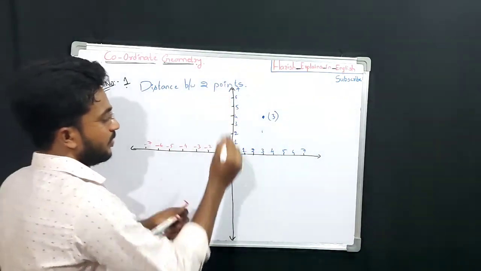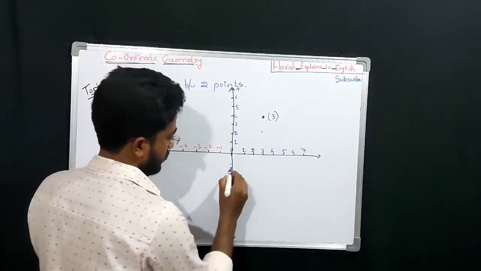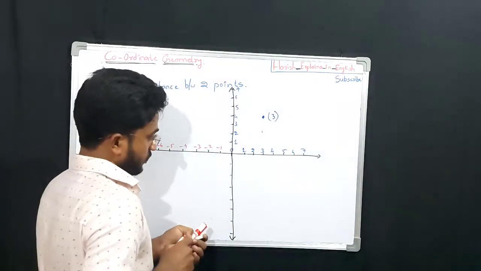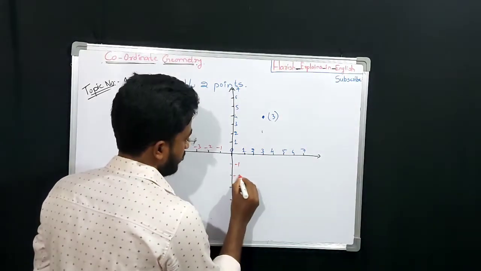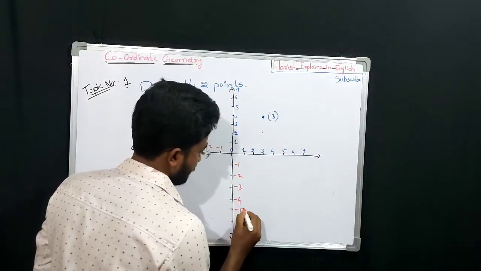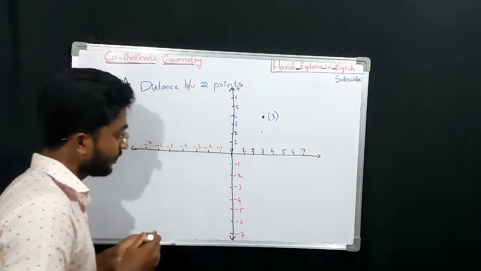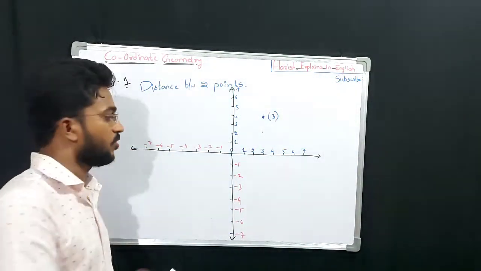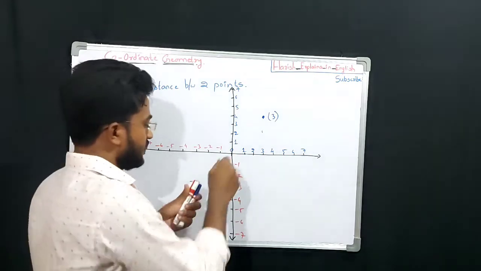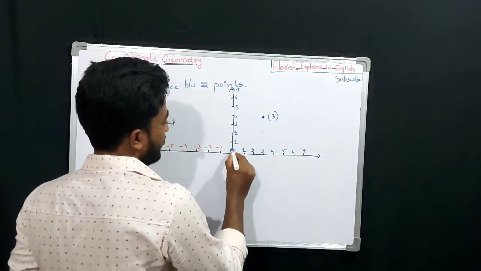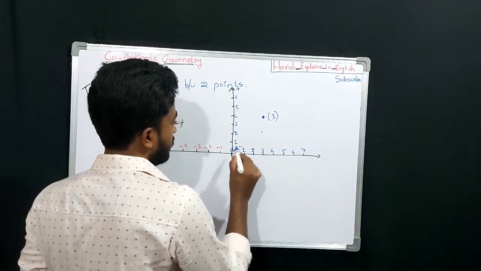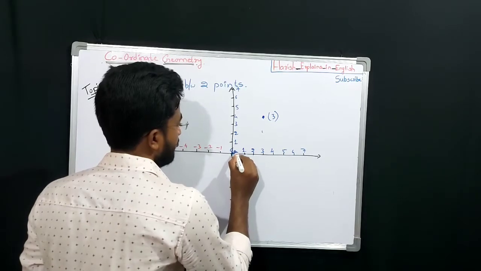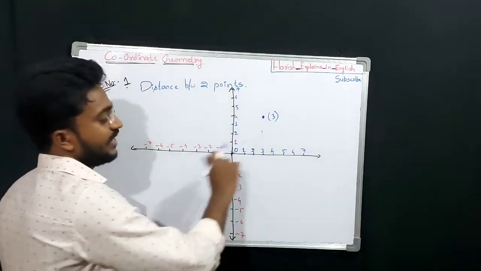That's all, don't worry. -1, -2, -3, -4, -5, -6, -7. Now we are familiar with this coordinate system, the 2 number lines, and this is at 90 degrees. To make it clear, I'm not mentioning it here, but this point is 0 for this line and this line.